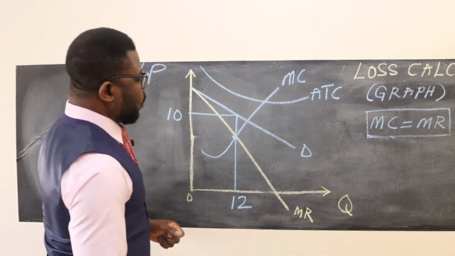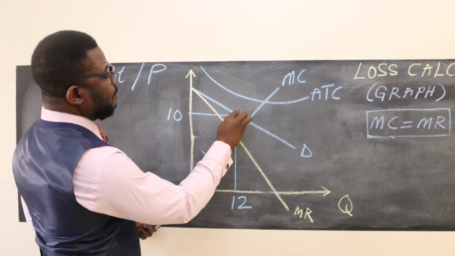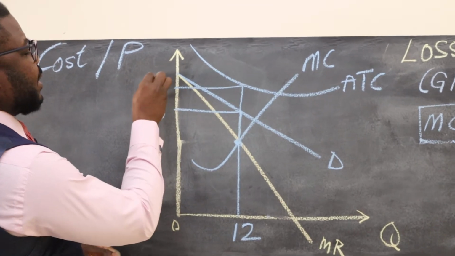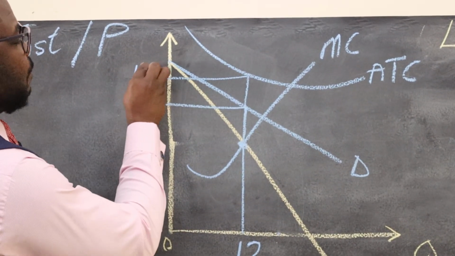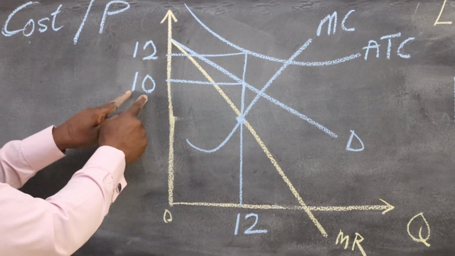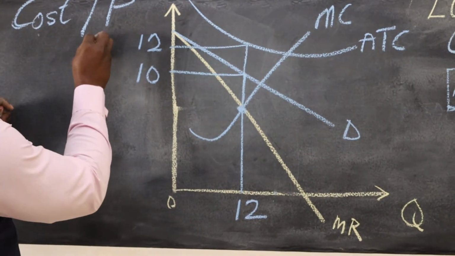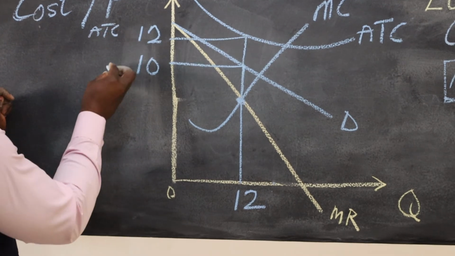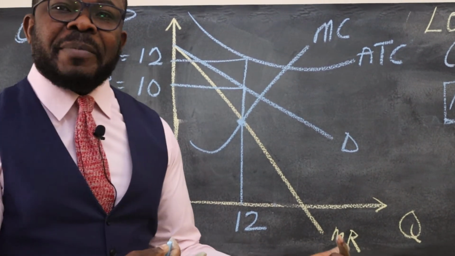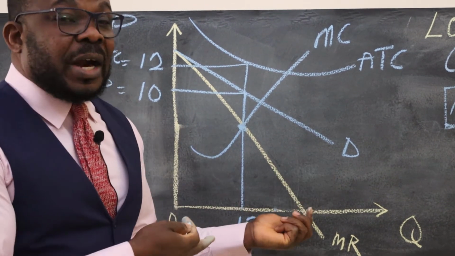We go up again, and let's say we have 12 as the ATC. So our cost is 12 and our price is 10. I'll put ATC here, and price here. So we have our numbers to work out the loss from a graph.